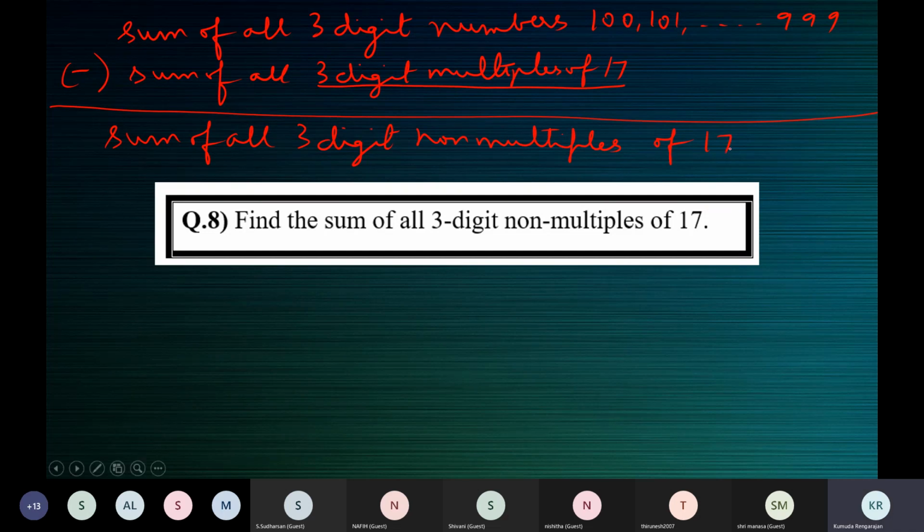The entire collection from 100 to 999 has numbers which are multiples of 17 and non-multiples of 17. So first find the total sum. That sum is the sum of all multiples of 17 and the sum of all non-multiples of 17. From that, if you take away the sum of all the multiples of 17, the remaining will be the sum of all the non-multiples of 17.